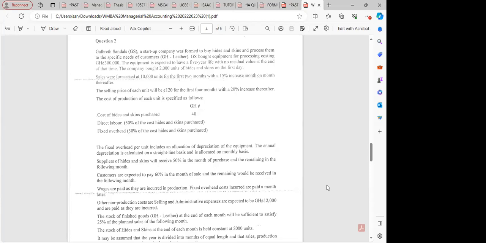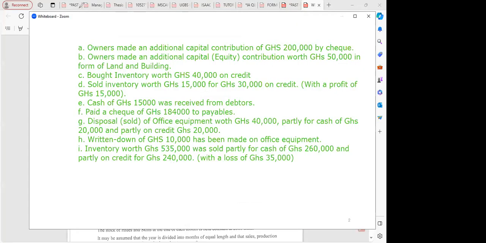So let's put down. If it's about sales, or if you want to prepare a sales budget, then you'll be looking at the quantities that you want to sell. So sales unit. I'm saying that sales unit can be referred to as sales forecast. If you see people calling it forecast, it is the same.